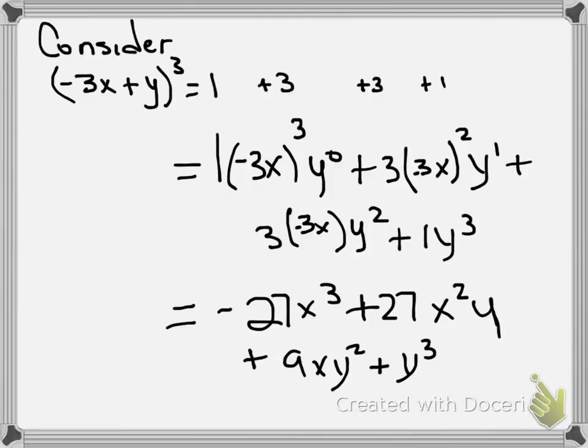I did not have to multiply this by itself 3 times and apply the distributive property 3 times in order to get it. So, ladies and gentlemen, that's how you use Pascal's triangle. So, let us look at a couple in class, and we will go from there, and you can complete your assignment.